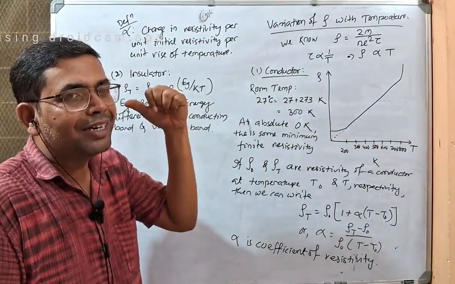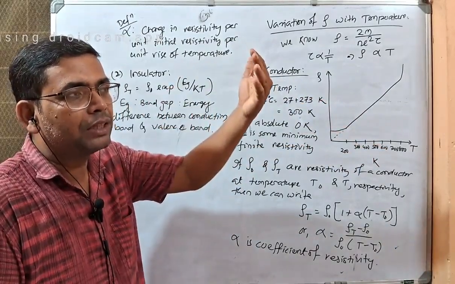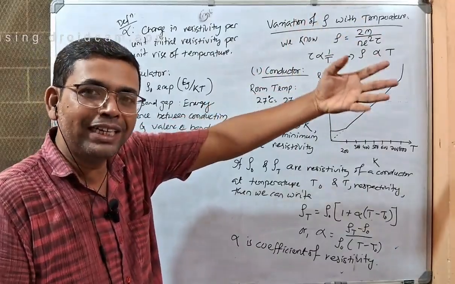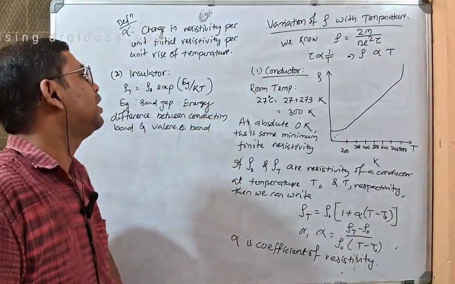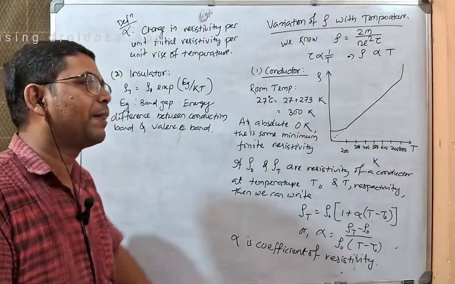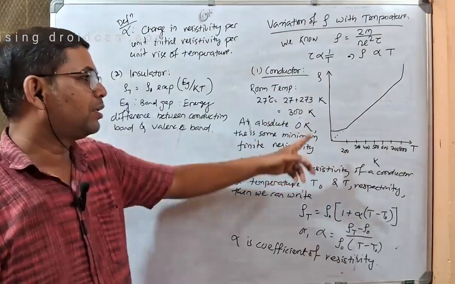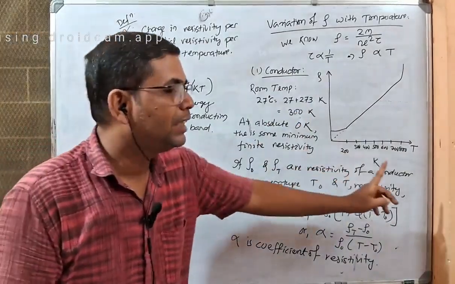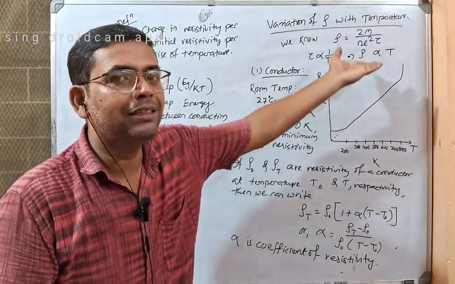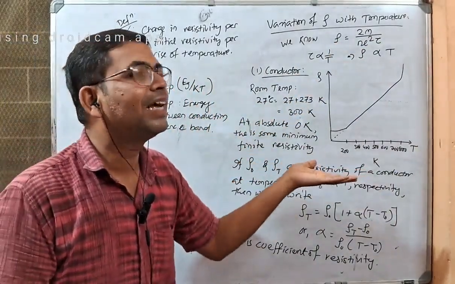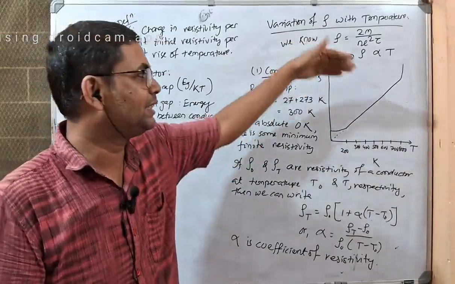Before there was no current; with an increase of temperature, free electrons increase, and that's why conductivity will increase. In conductors, with an increase of temperature, resistivity increases, but in insulators, with temperature, conductivity increases and resistivity decreases.